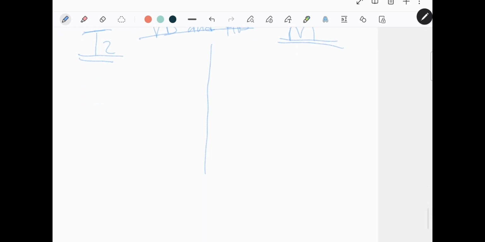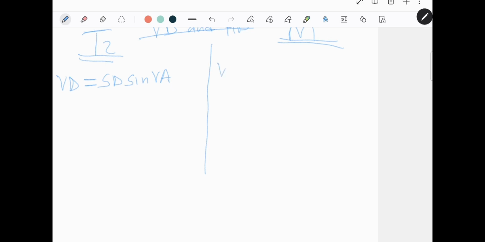So for T2, remember I showed you that when you're finding your VD and your HD, your VD is equal to your SD, your sloping distance, times sine your vertical angle.